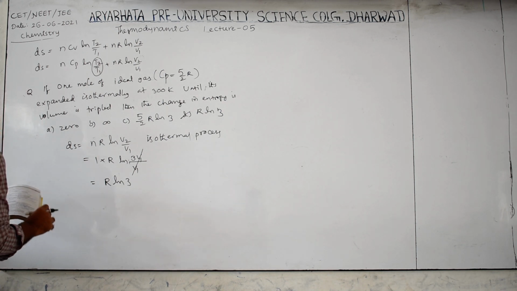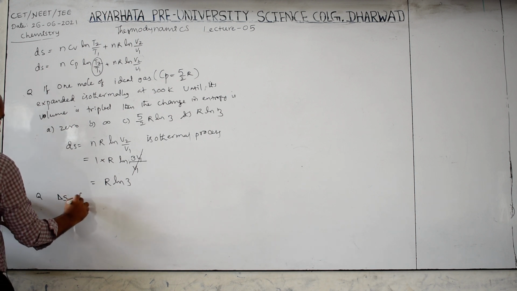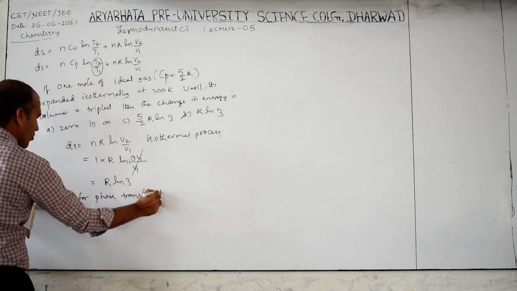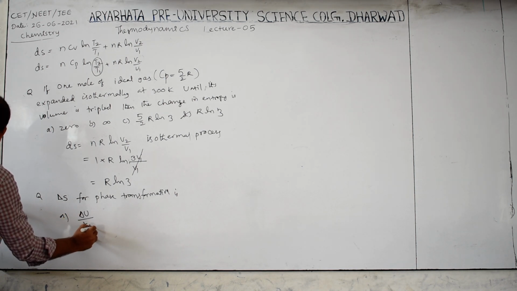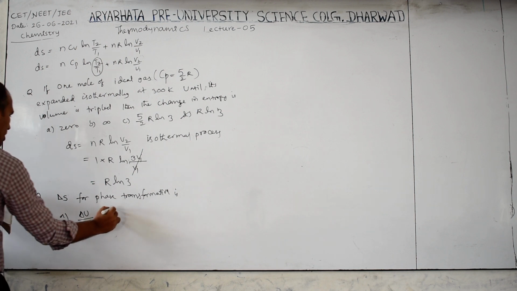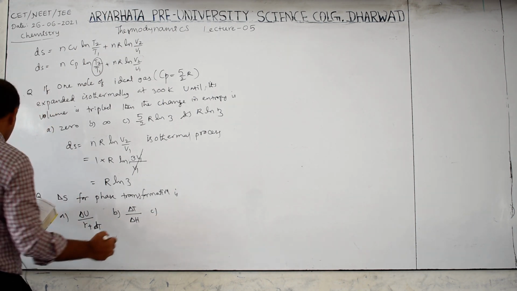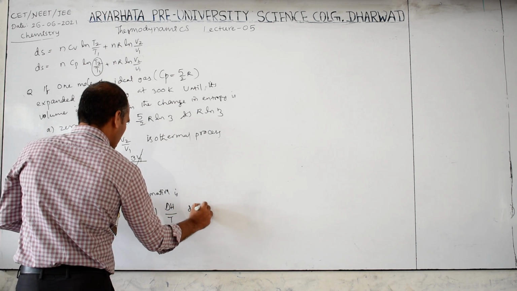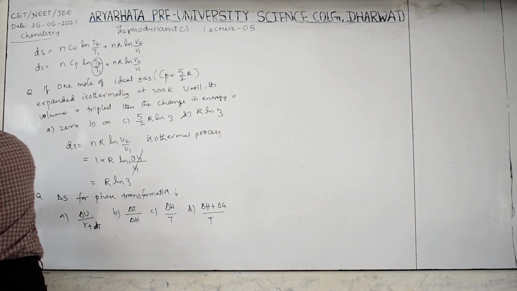Next, the entropy change for the phase transformation. Question: the entropy change for phase transformation is option A delta U by gamma plus delta T dt, B option dt by delta H, C option delta H by T, D option delta H plus dG by T, like this.